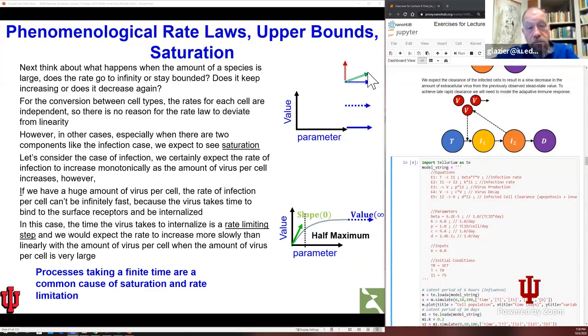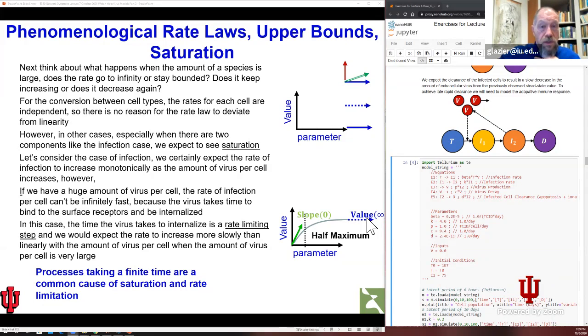In that case, we would expect that as we increase the amount of virus in the environment, the rate of infection slows down. And we get something like this picture here, where for small amounts of virus, the rate of infection goes up linearly, which is what we've assumed. For large amounts of virus, there's some maximal rate of infection. That's called saturation.